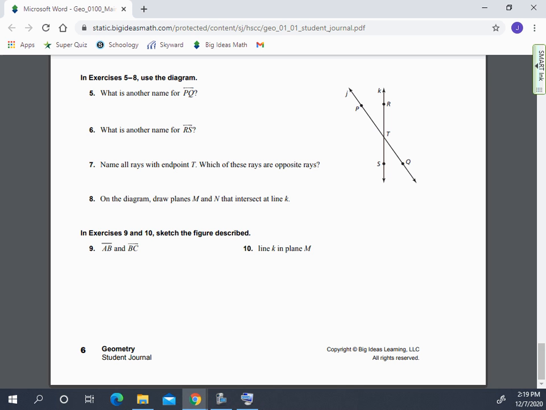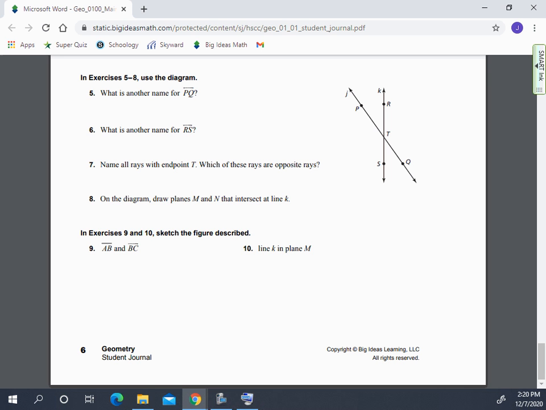These last four, sketch the figure described. Is that segment AB and ray BC? Again, these are kind of hard for me to see on my pixelated smartboard. So again, I'm going through my physical copy. Sorry, it's taking a while.